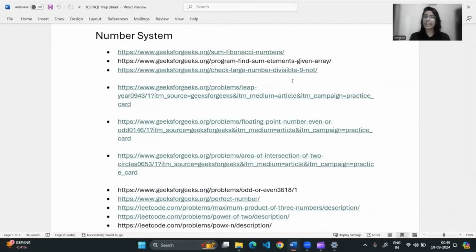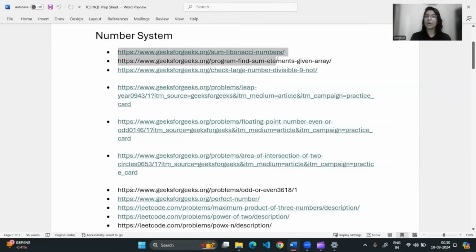After analyzing all previous year papers, here is a breakdown of the question types that you should prepare for. These include number system questions, which are the mathematical questions. They covered a range of topics such as factorial, power calculation, and Fibonacci series.